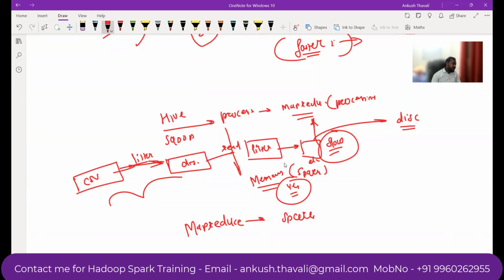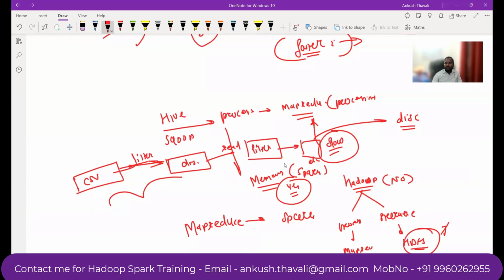There will always be confusion among people, like, does Spark replace Hadoop? No, because Hadoop is all about two things. One is storage and another is processing. So what was the processing engine we were using? MapReduce. What about the storage? Storage was HDFS. Did we replace HDFS with Spark? No, we did not replace it.